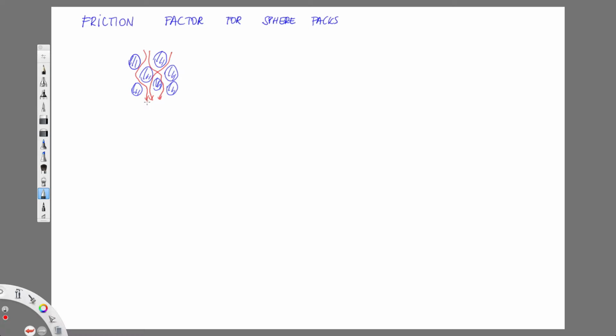In our unit cell approach, we were actually looking at the sphere pack in itself, and we were packing a bunch of unit cells that were all spherical. Or in the Karman-Kozeny approach, when we were upscaling, I was looking at some sort of average bundle of tubes, if you will, that I was going through.